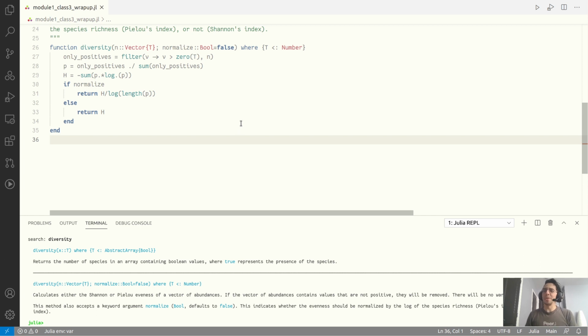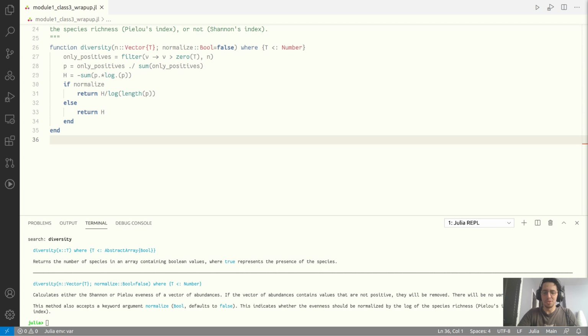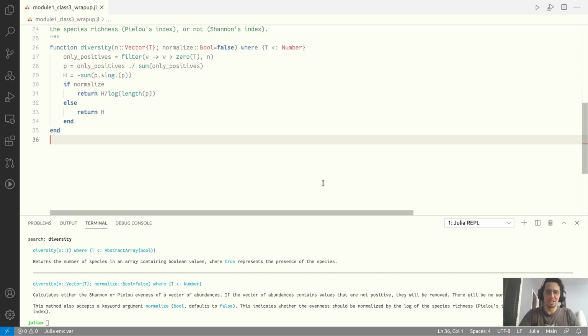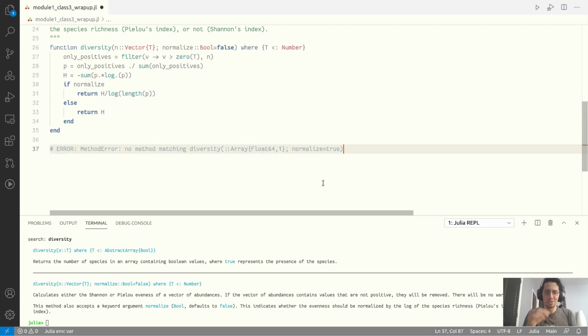Well, okay, so the error that Zach is getting, I'm going to copy it here, and then I'm going to discuss the possible reason for that. So the error is no method matching diversity of an array float64 with a single dimension or normalize equals true.